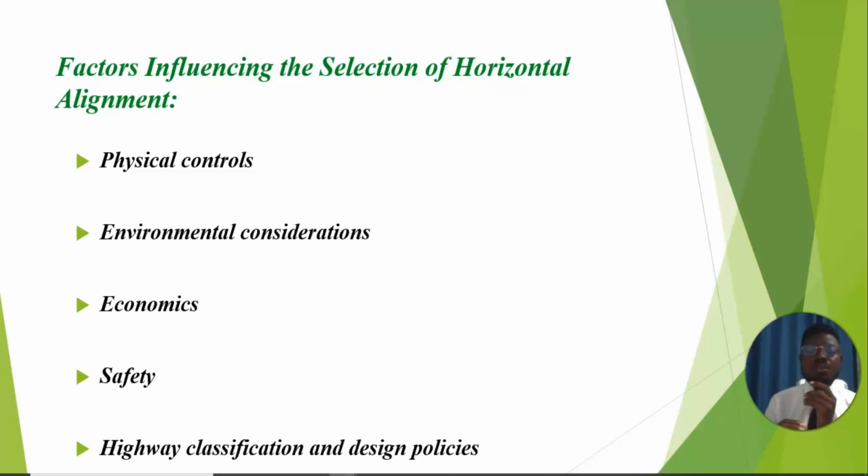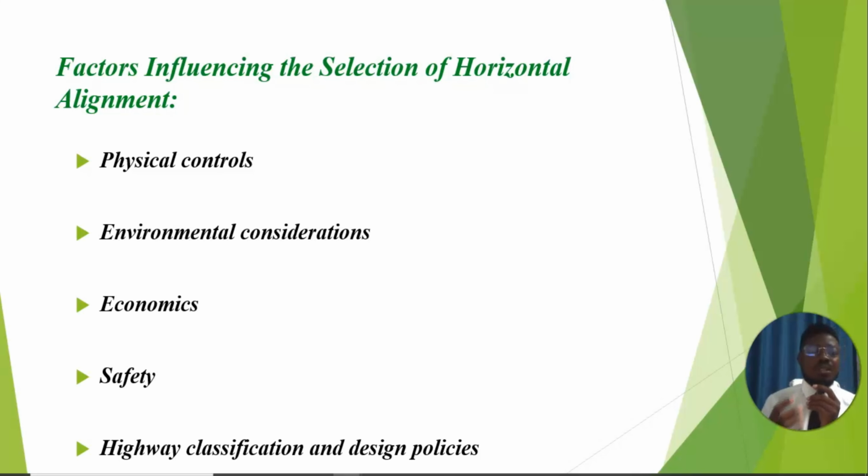We need to look into the water courses. We also need to look into the geophysical condition, because these are some of the physical components that we need to look into before the selection of horizontal alignment. We also need to have a good understanding of the land use and also the man-made features. What are the man-made features? So all these things are what make up the physical control.